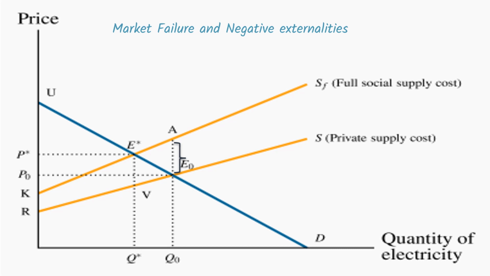We are going to do that with the help of this diagram, where along the x-axis is the quantity of electricity produced in a plant, and the y-axis represents the price of electricity in the market, and S is a supply curve which represents the cost of the supplier, where SF represents the full cost, which includes not only the cost of production but also the cost of harm to the population.